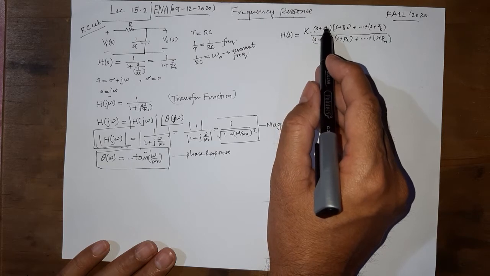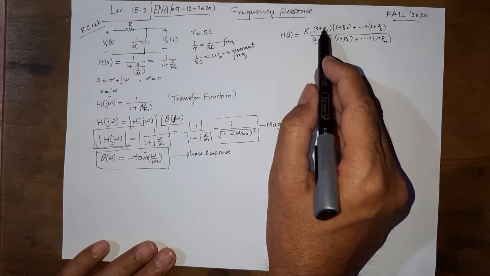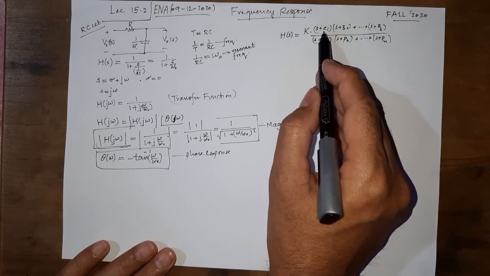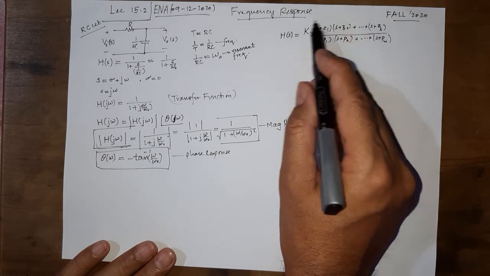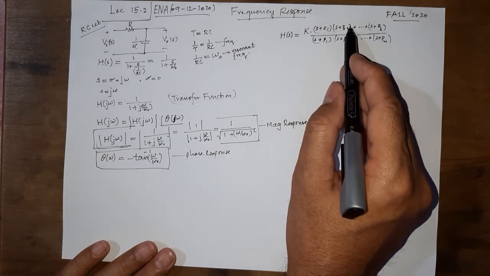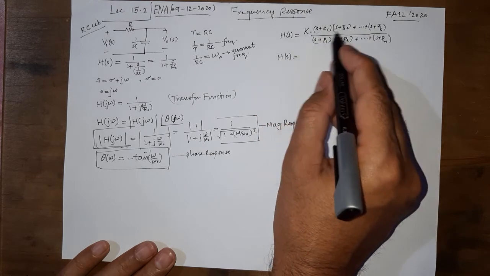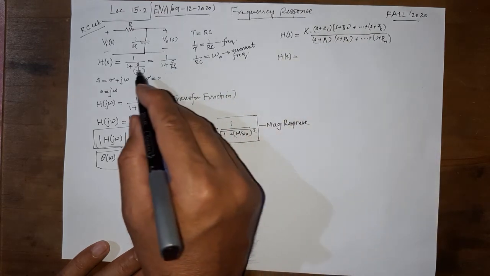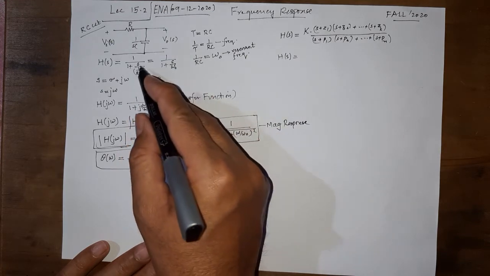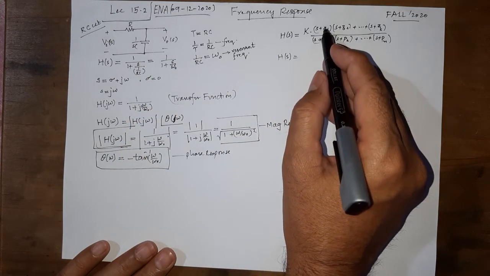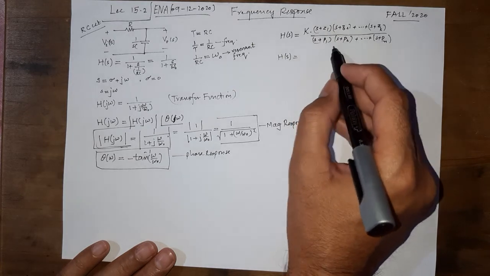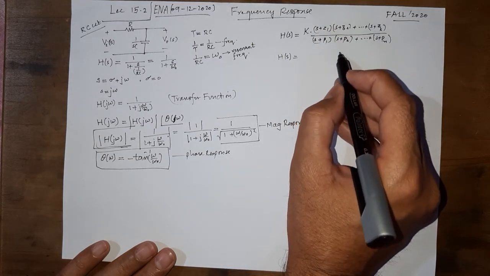but instead of writing it this way, we will take z1 common. So this term will become 1 + s/z1. Similarly, z2 common, 1 + s/z2, and I hope you understand that we are going to bring a typical transfer function written in this form to this form, first by writing all the factors as 1 plus s over something.